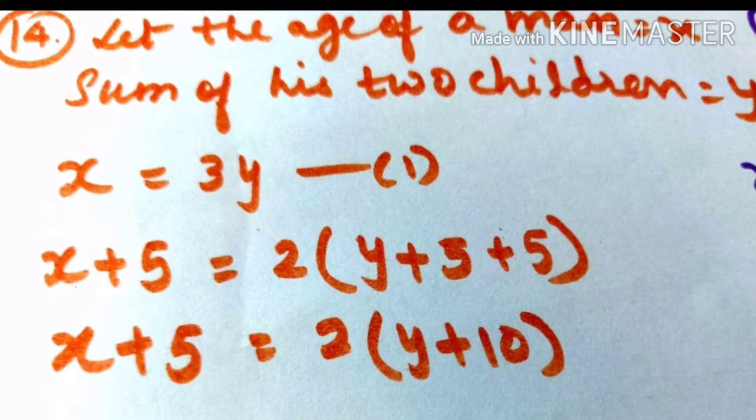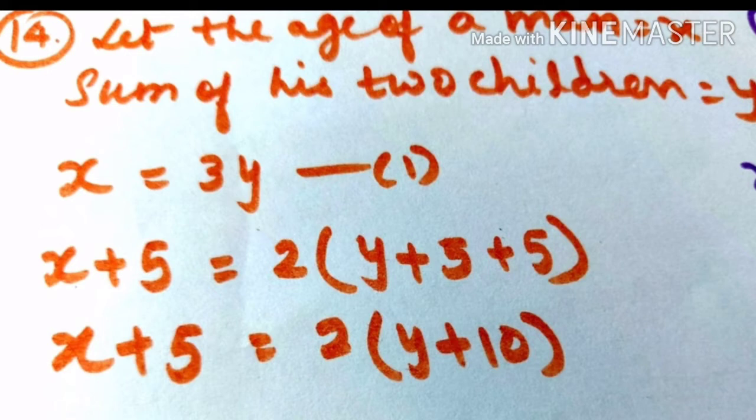So one child's age is plus 5 and the other child also has 5 added to it. So we will add y plus 5 plus 5, and it is doubled, meaning multiplied by 2.